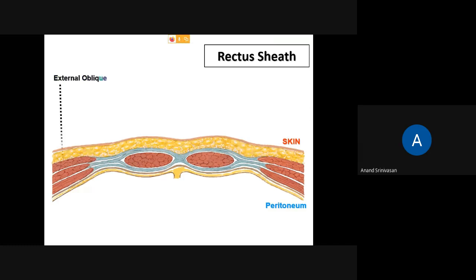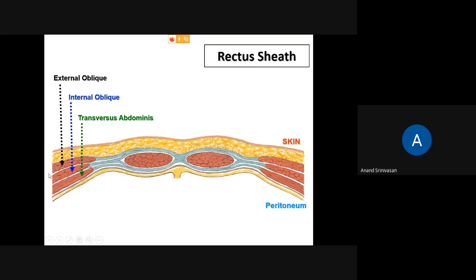Now let's see. The skin is going from one direction to another. The superficial fascia is also going from right to left. Now let's see the external oblique, internal oblique, and transverse abdominis muscle. The muscles are present on the lateral side. The external oblique aponeurosis is going anterior to the rectus sheath.